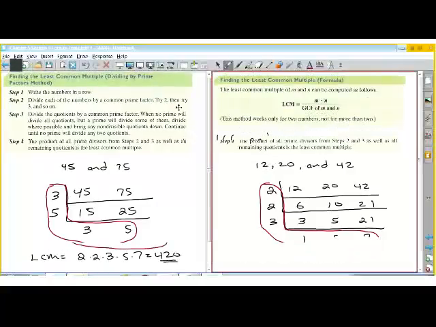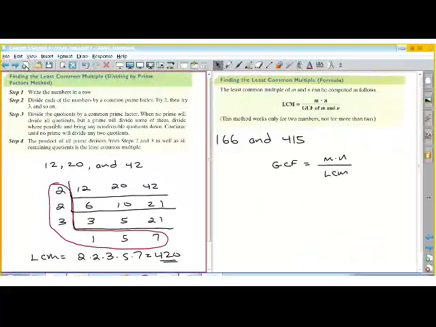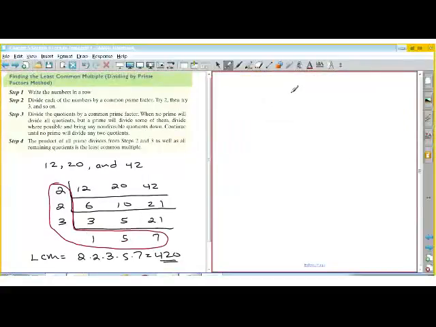So let's do another one that's kind of complicated like that. Actually, let me make one up. So let's pick a couple of other numbers. Let's try 15, 90, and I'll try 120.